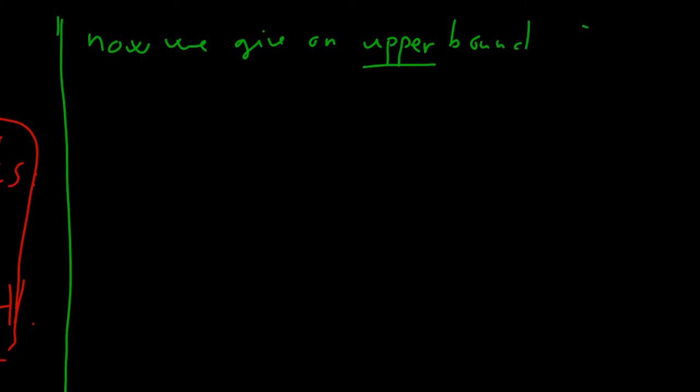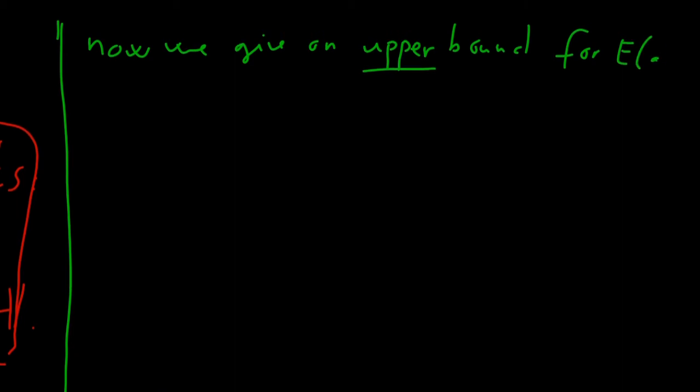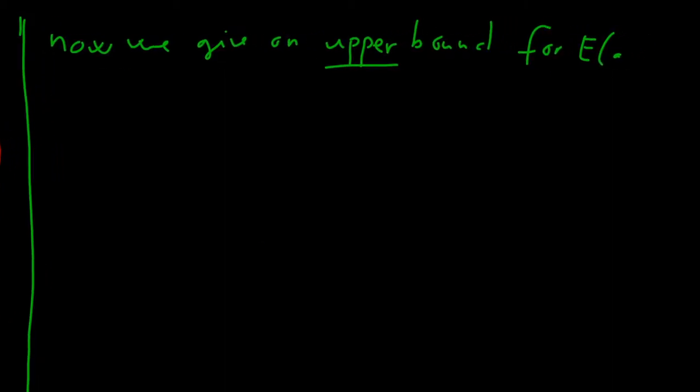So for our next trick, we will now give an upper bound for the expected cost of the algorithm, of the randomized marking algorithm, of course. Now, how will we do this?